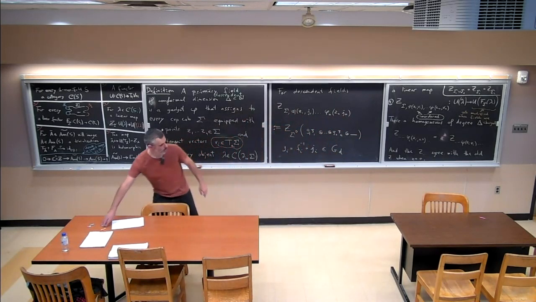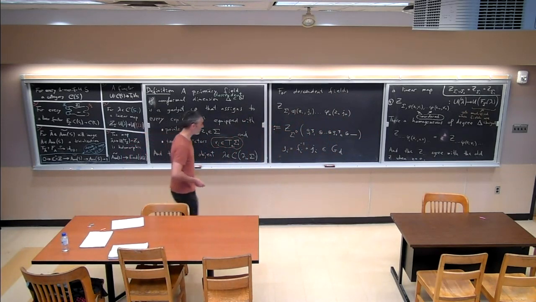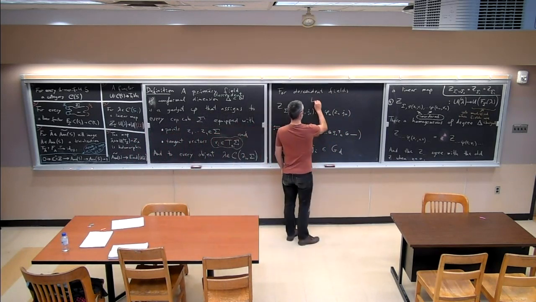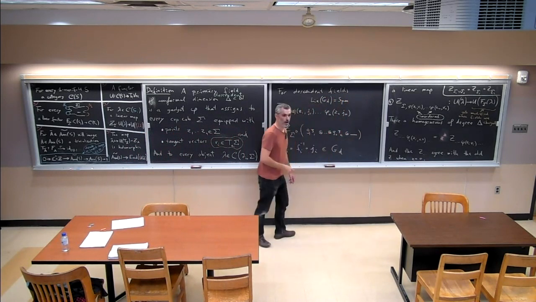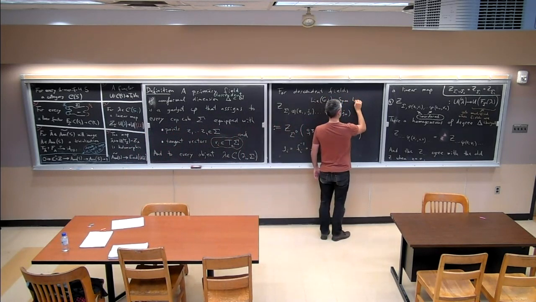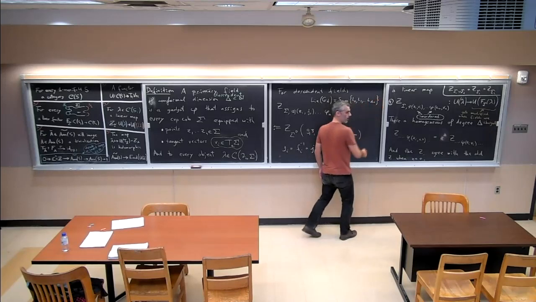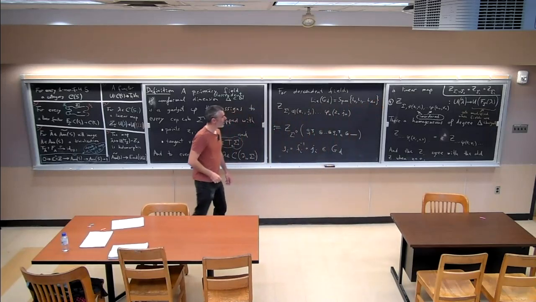The Lie algebra of this group is the span of L0, L1, up to L_{D-1}.